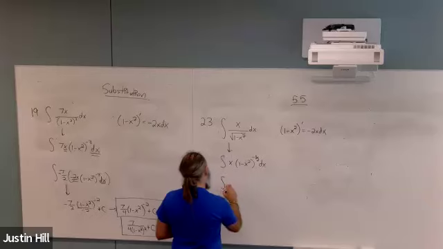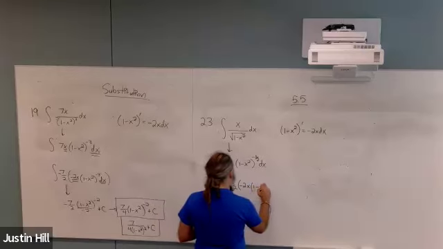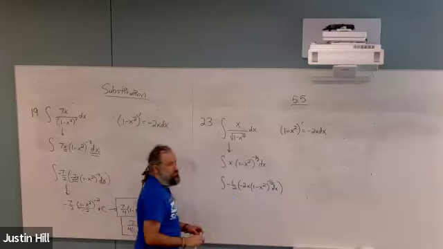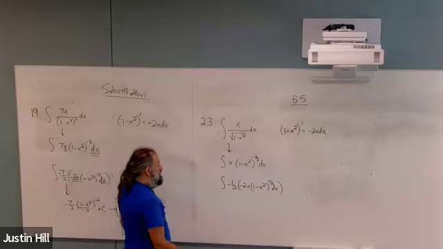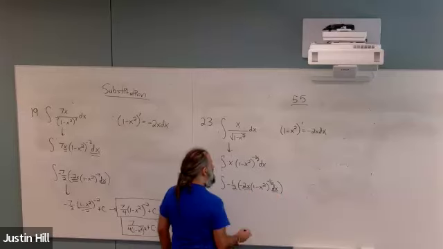So what I have here is negative 1/2 of the negative 2x that I would need. Lots of parentheses. But now I have the derivative that I need there.